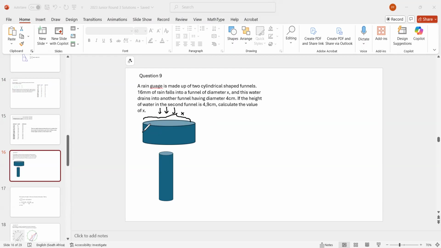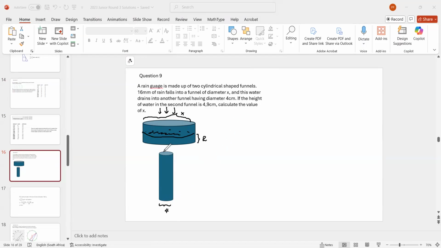So the height of the rain, so the water is like that. And let's say the height is h. Now this water drains into another funnel. So there's your second funnel. It drains into this. And this thing has got diameter 4, right?